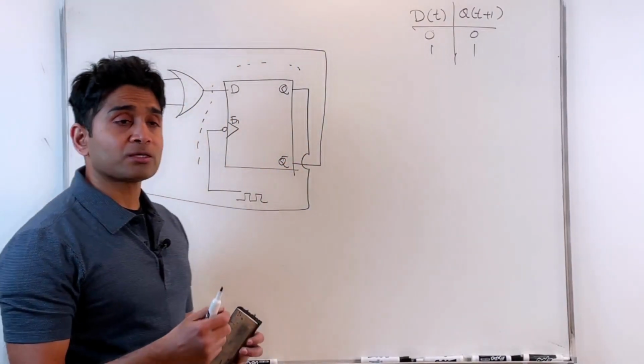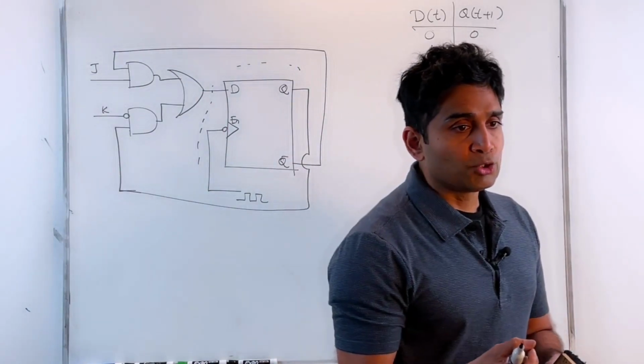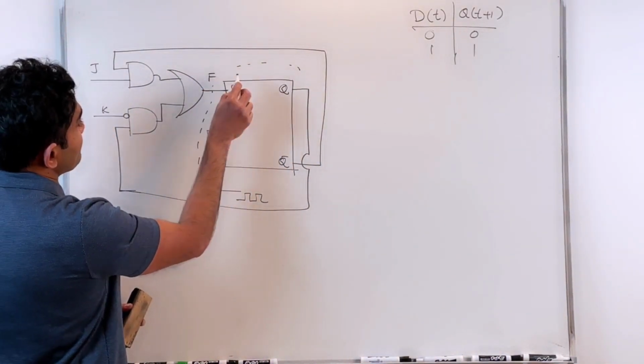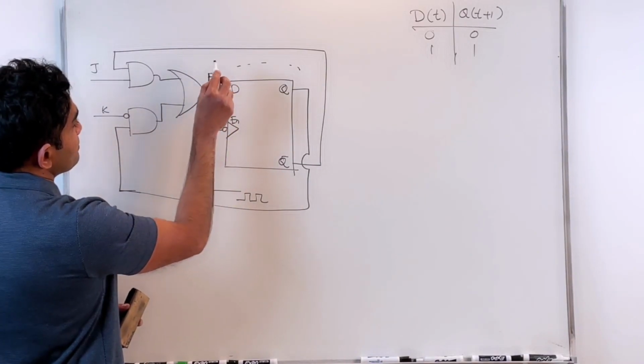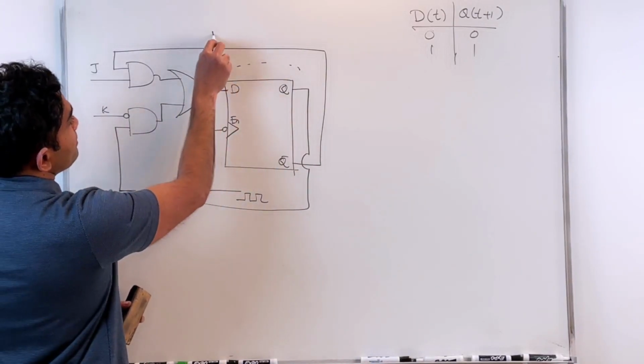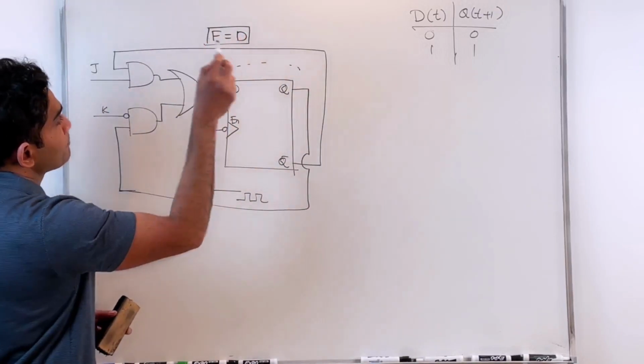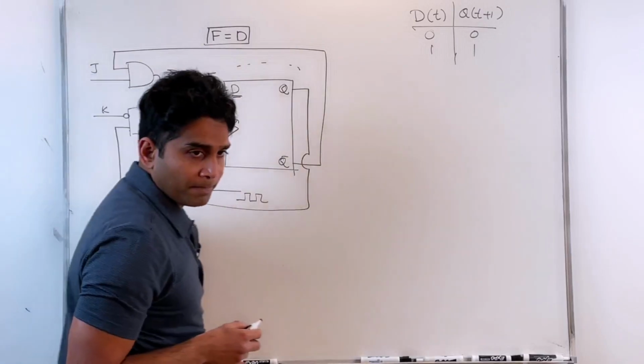So I need to know what those prior values were to be able to determine this function, f. Let me call that f here. And as you can see here, my f is nothing but D, if my f is being applied as an input to my D.